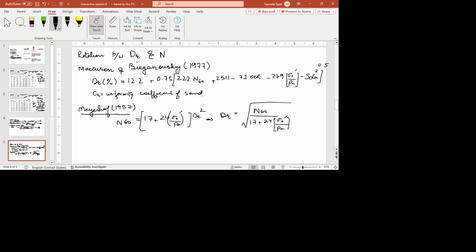So let us use this relation because we don't have these values.